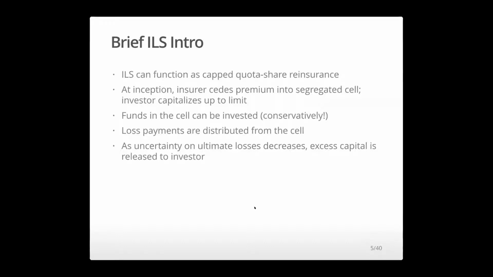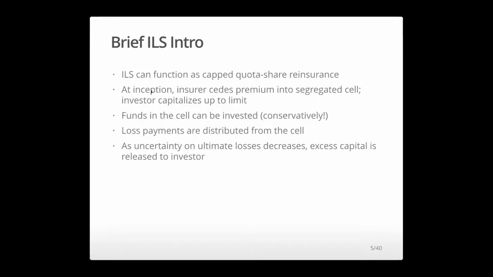So, for example, on a workers' comp portfolio, the insurer might get effectively reinsurance via this ILS up to, say, a loss ratio of 90. At the start of the ILS transaction, the insurer cedes some premium over to cover expected losses.